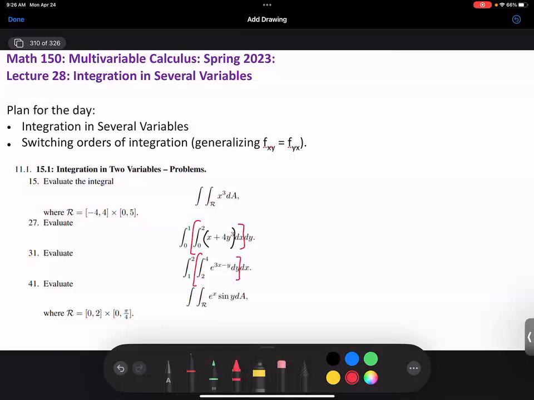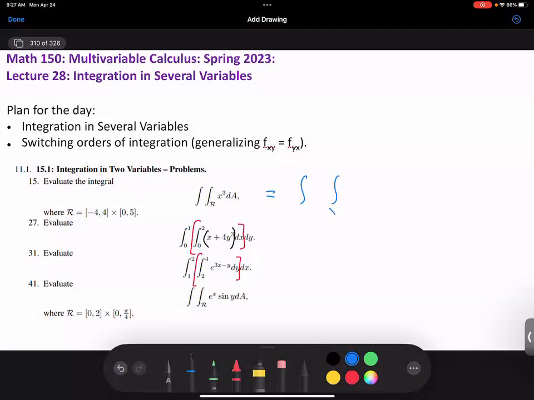Yes? So you just take the integral of the function with respect to x and whatever that is, back to y. Well, you're supposed to integrate over the region where x is -4 to 4, and y is going from 0 to 5. So if we wanted to expand and write this out, do you want to integrate with respect to x first?